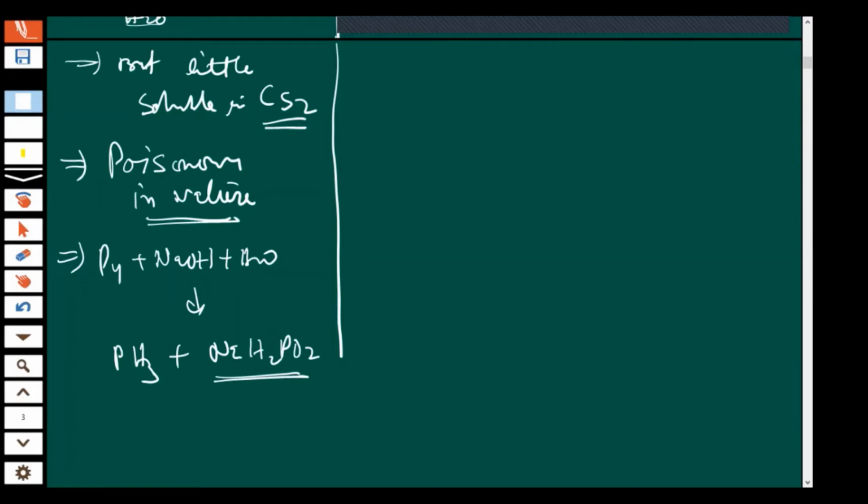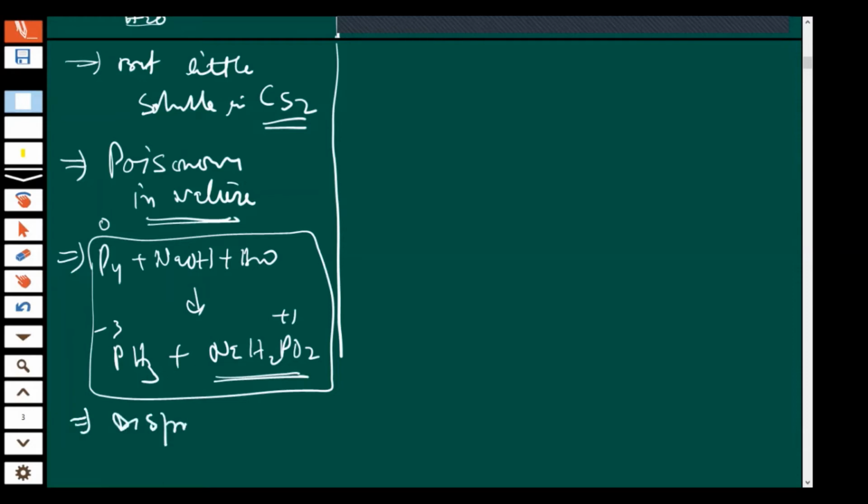Children, this reaction we have already discussed during oxidation state, that phosphorus is in an intermediate oxidation state. This is -3, this one is +1. So this is an example of a disproportionation reaction.